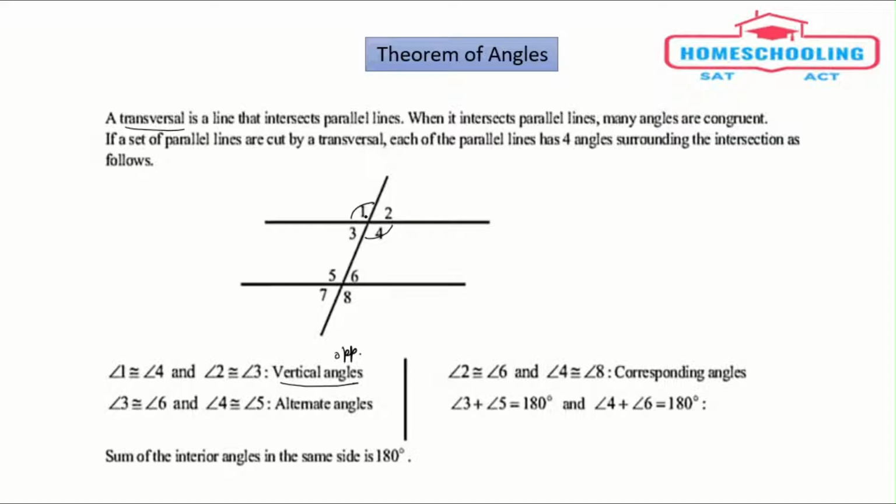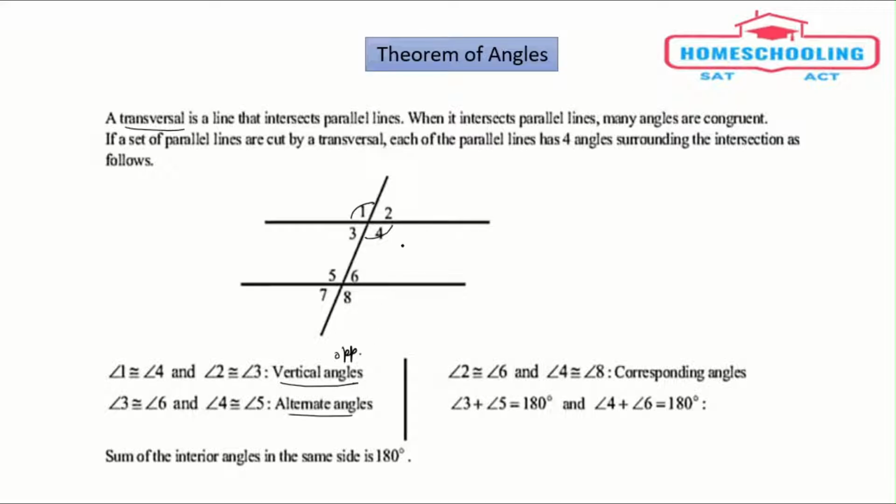These two are vertically opposite angles, and these two angles are always equal. Similarly, angle 2 and angle 3 are vertically opposite angles. Similarly, in these four angles, 5 and 8 are vertically opposite angles, 6 and 7 are vertically opposite angles.